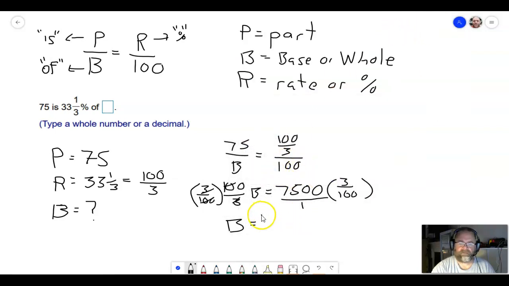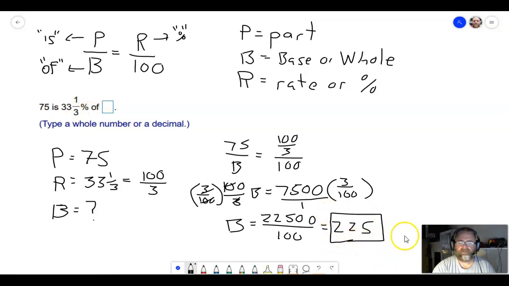So this is going to be 22,500 all over 1 times 100, which is just 100. And dividing by 100 moves the decimal place 2 to the left, so this is just going to be 225. So that means that 75 is 33 1/3% of 225.